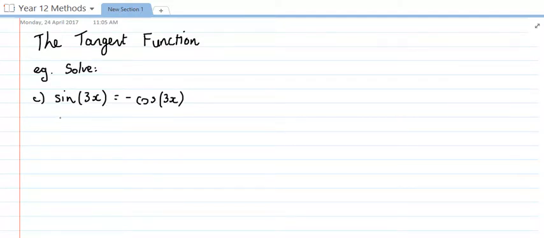So if I divide by cos 3x on both sides, I'll have sine 3x over cos 3x equals -1. Because this was negative, it has to remain as -1. And sine 3x over cos 3x can be simplified to tan 3x.